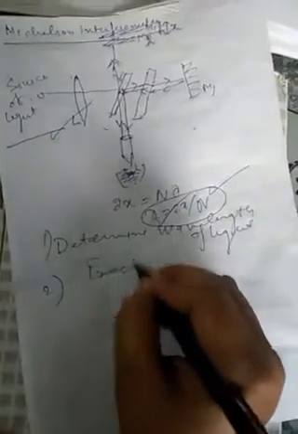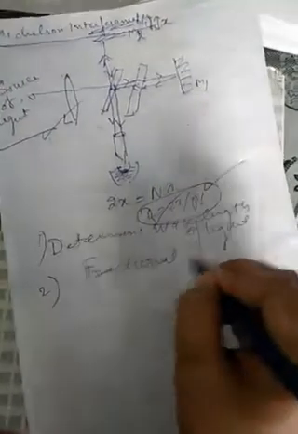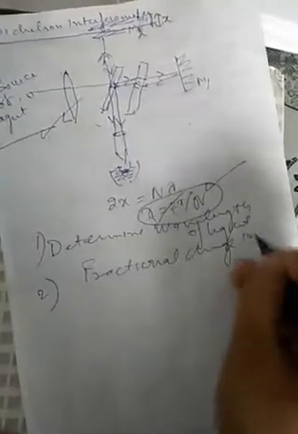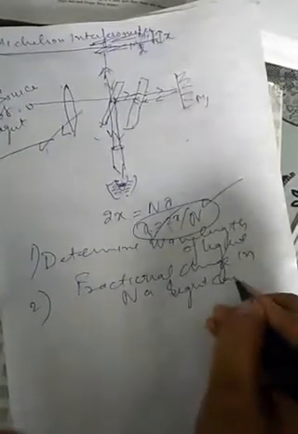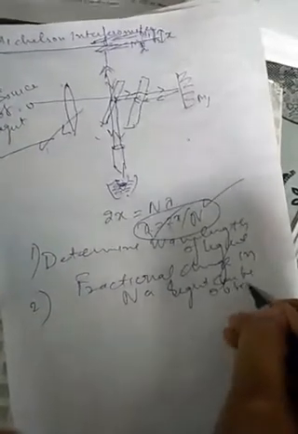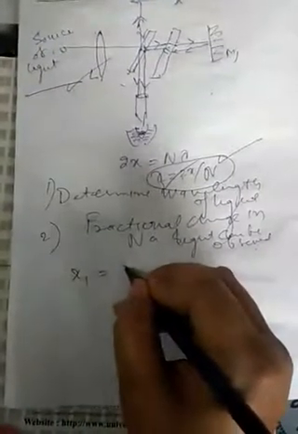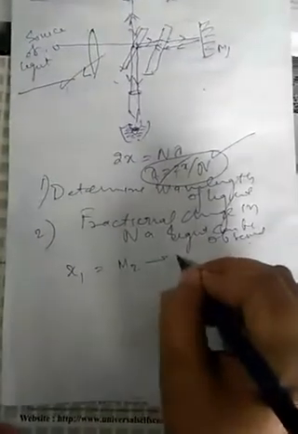Second, the fractional change in wavelength can also be measured. Fractional change in sodium light can be observed. Now here, let x1 be the displacement of the mirror M2 for two consecutive positions of the illumination.